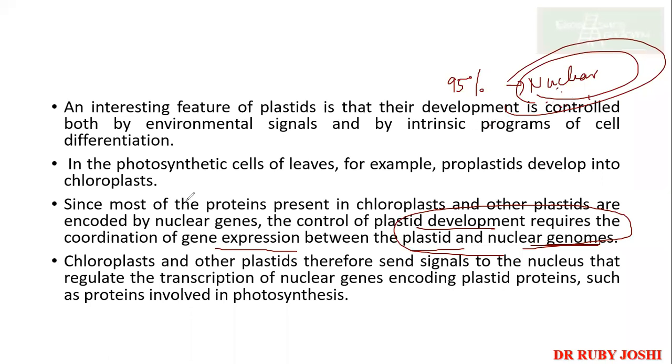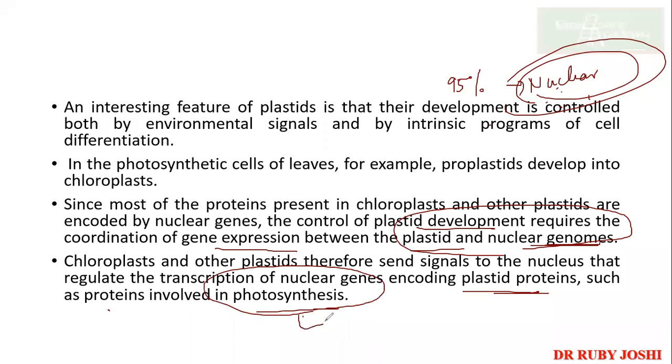Now, the chloroplast and the other plastids therefore send signals to the nucleus, which regulate the transcription of the nuclear genes coding for plastid proteins, for example, proteins involved in photosynthesis. Now, if it is giving a signal that there is a requirement of proteins for photosynthesis, what will the nuclear genome do? It will understand that it is for photosynthesis.